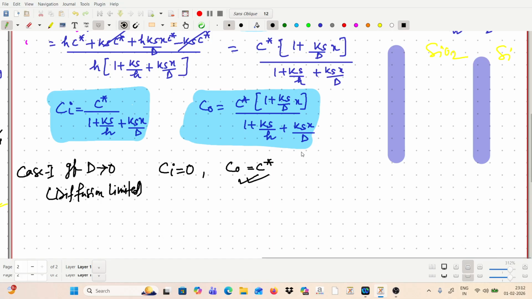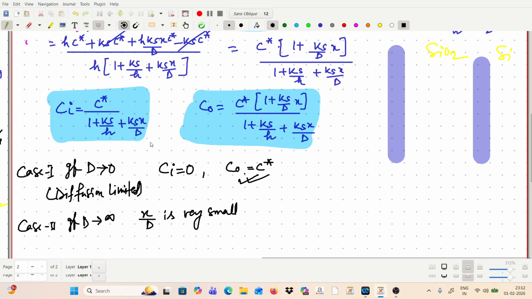Clear? Now, because this D is 0, so infinity. You have to take the D term common, and if you solve, it will come to C naught equals C star, which is our diffusion limited condition. And case 2, if D tends to infinity, so x by D is very small.